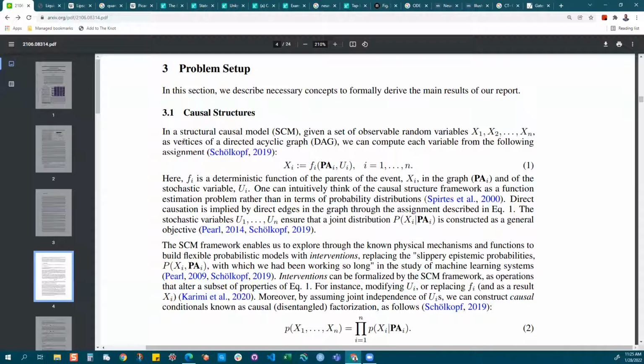And then the edges in that graph are relationships between those vertices or random variables. If they are directed, it is inferred that there is causality between those vertices, and if they are undirected, it means there's no causality.